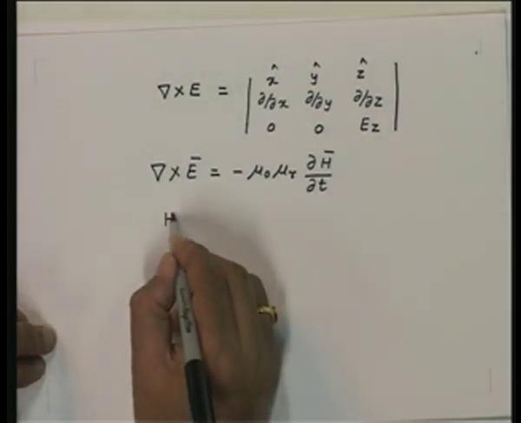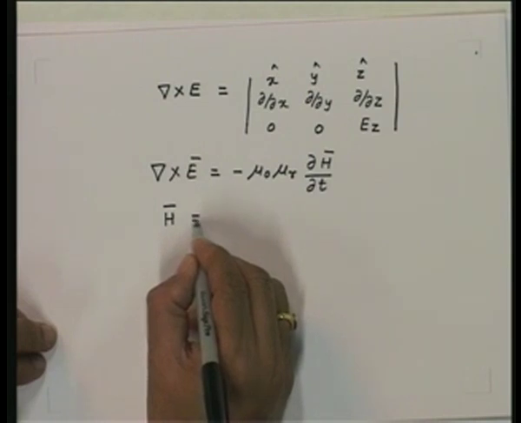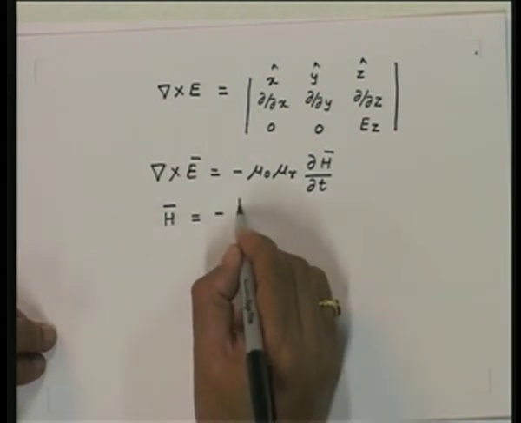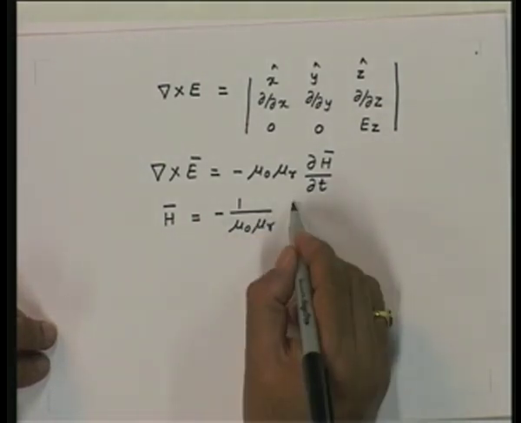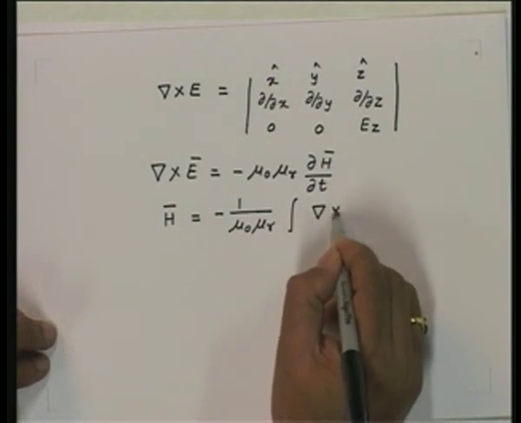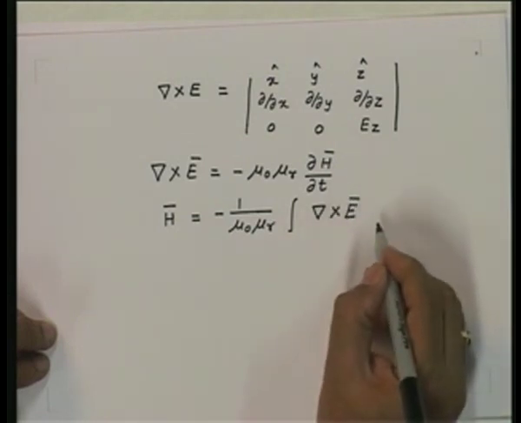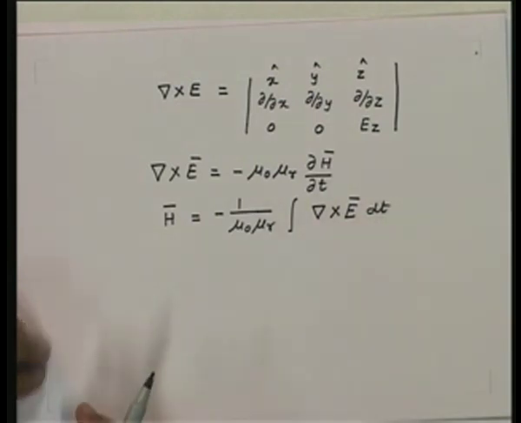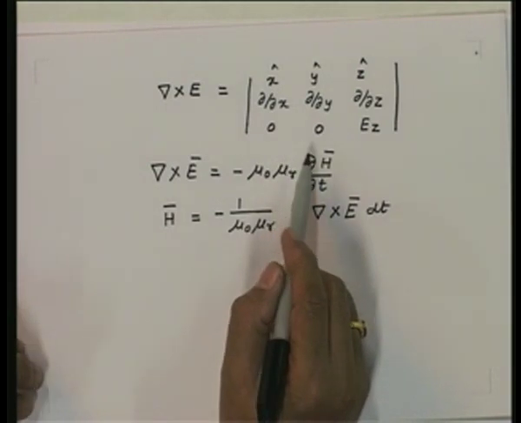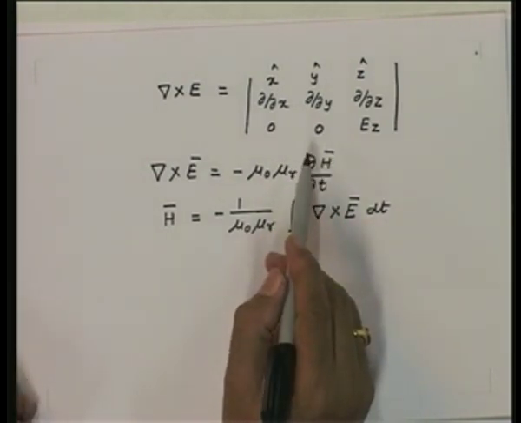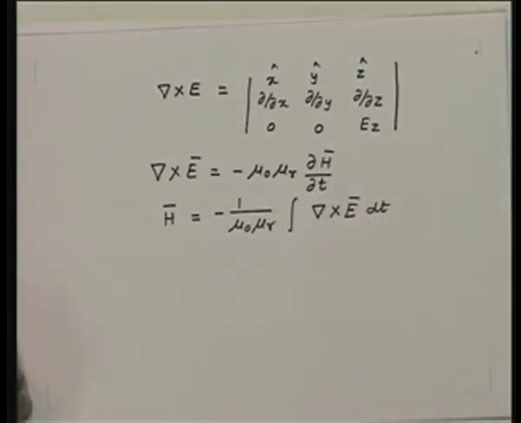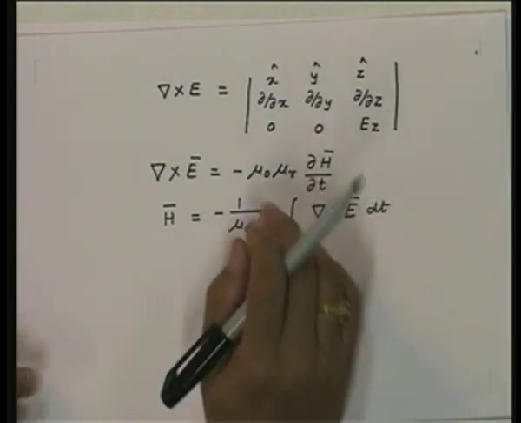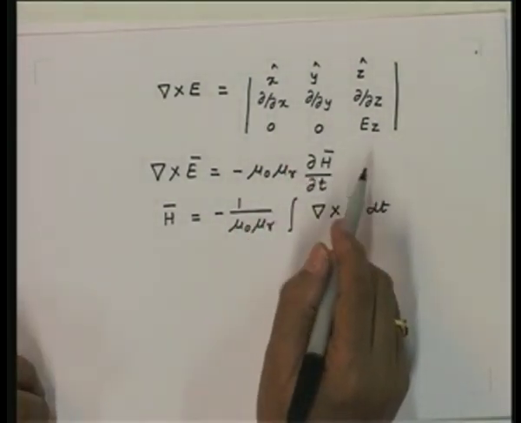So, the magnetic field H will be equal to minus 1 upon mu 0 mu r integral del cross E dt. Now, since E is only a function of x, dEz by dy is identically 0.